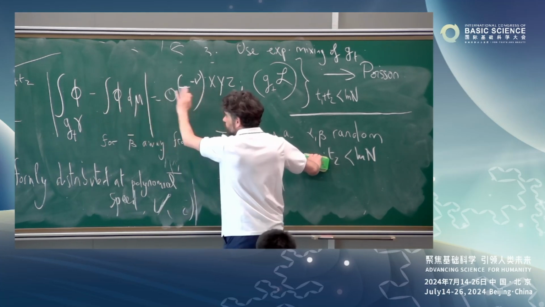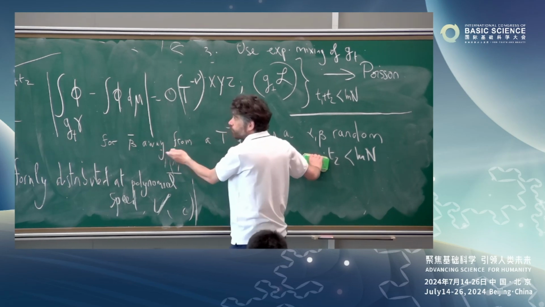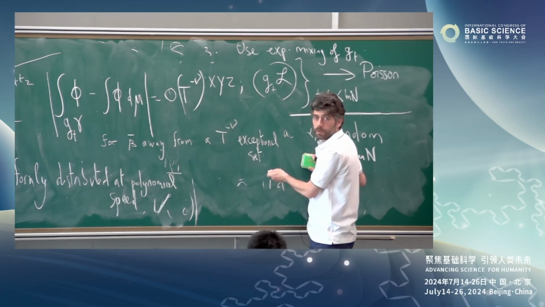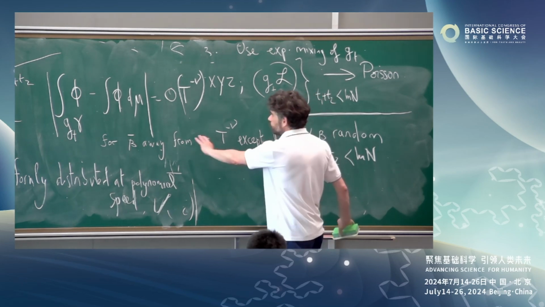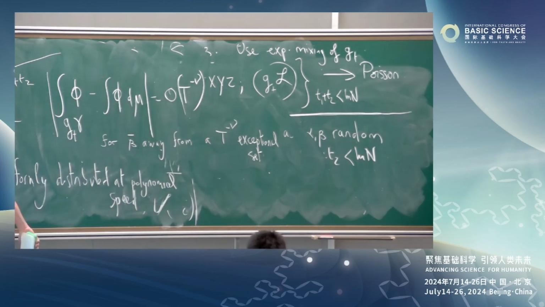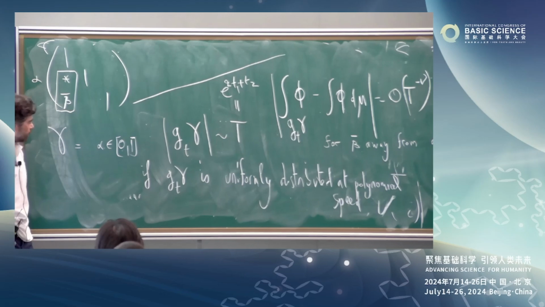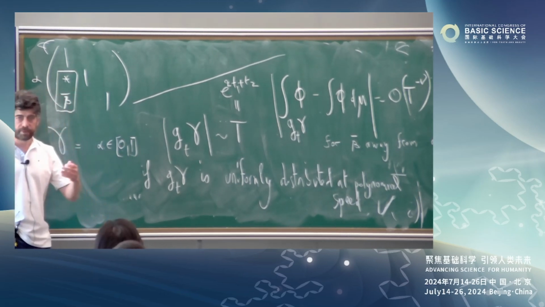But if we prove this for all alpha beta except for polynomially small measure set, it's the same. So that's what we prove, and we prove it using the fact that if you take here Haar measure, then the diagonal flow with respect to this Haar measure has exponential mixing. And that was proven by Kleinbock and Margulis a long time ago. We applied their theorem.